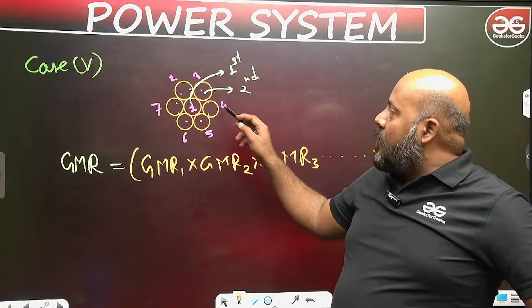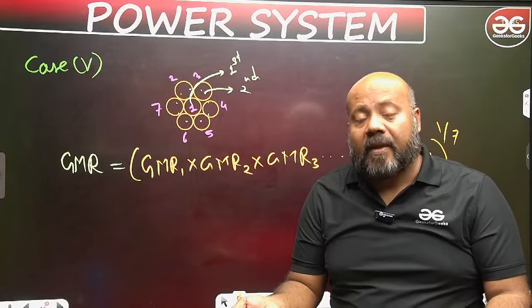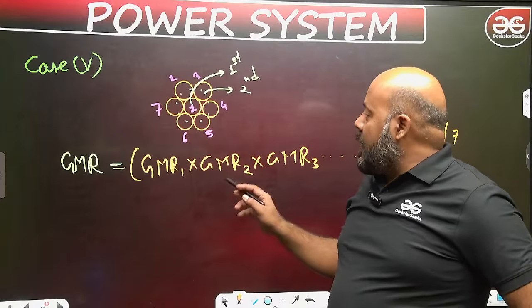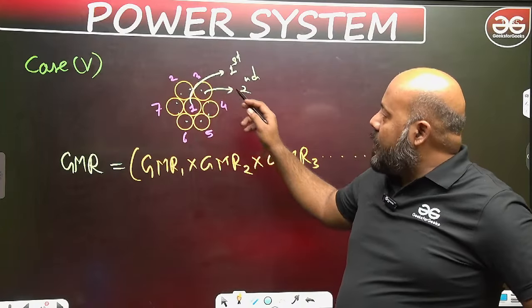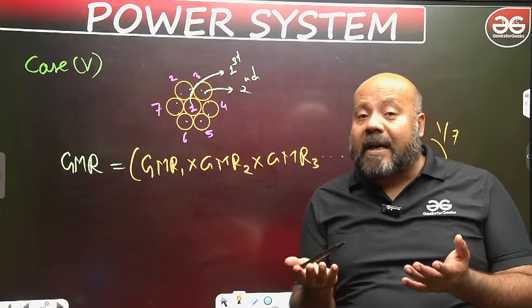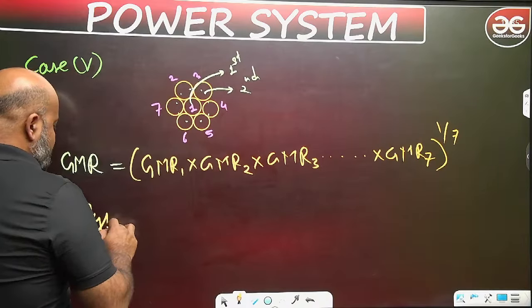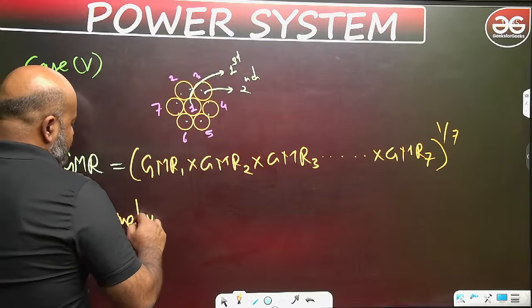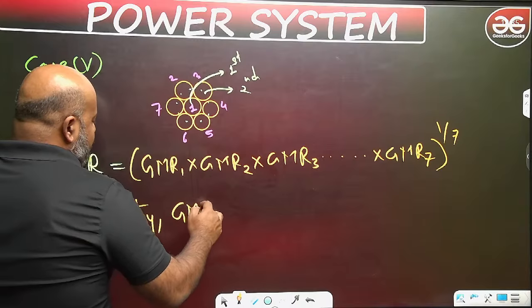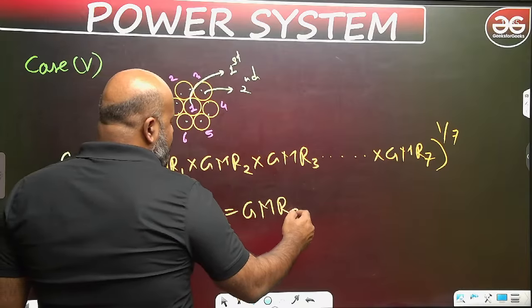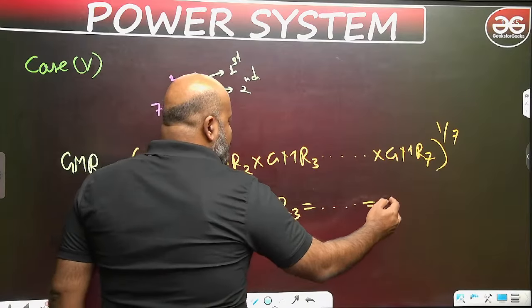Similarly, if you talk about 4, it has the same nature of strands around it. It means if you calculate GMR for 2, 3, 4, 5, 6, 7, it is going to be exactly the same because of the nature of symmetry. So GMR 2 is going to be the same as GMR 3, equal to GMR 7.